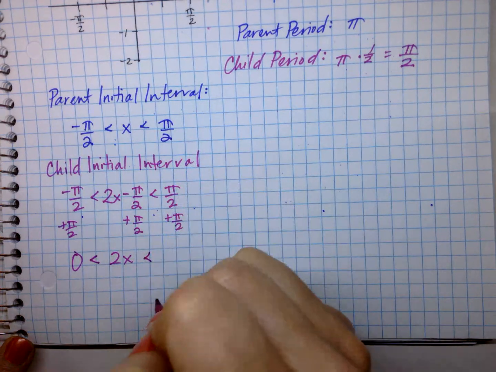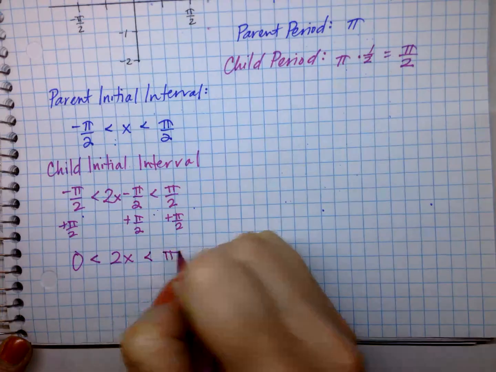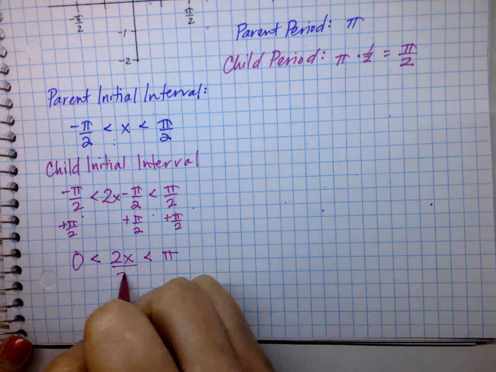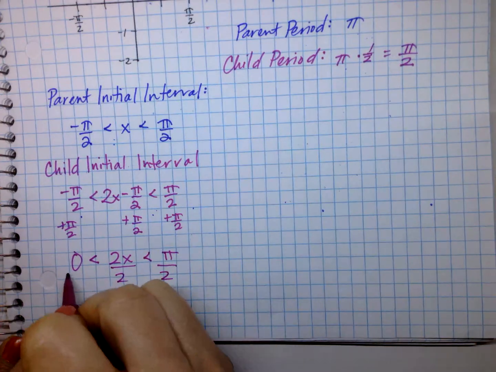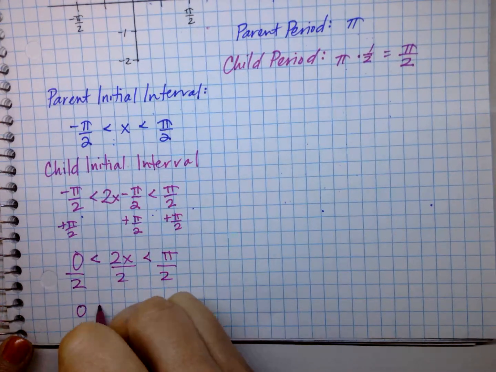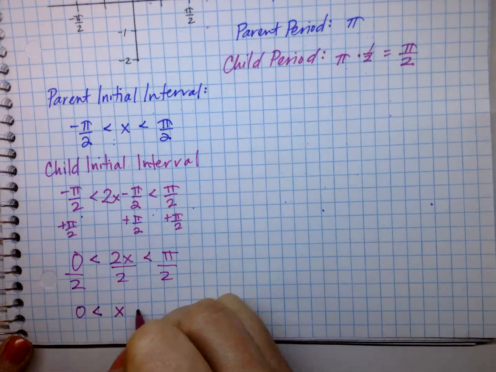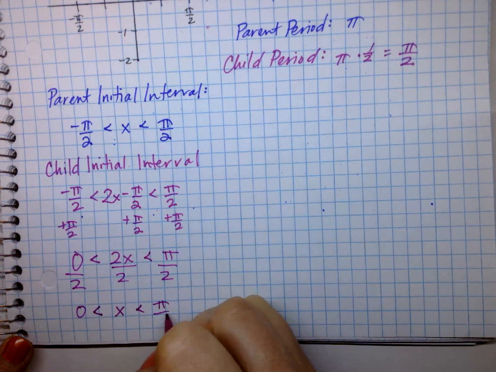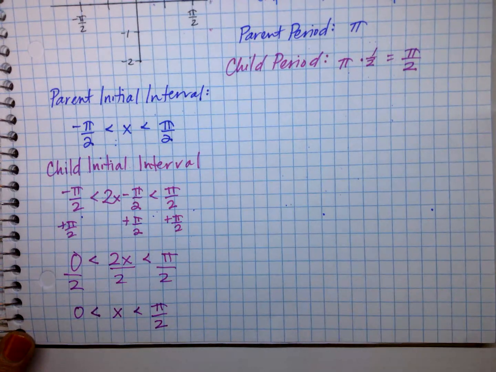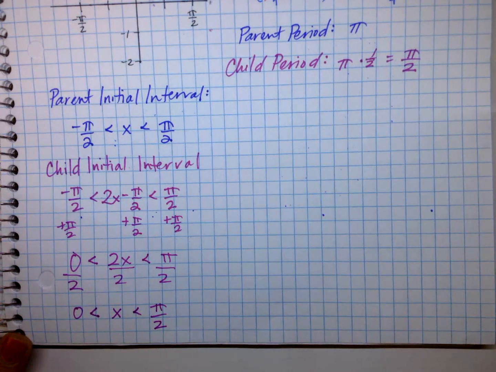That's a half a pi plus a half a pi, which gives me a whole pi. And now to finish, divide both sides by 2, and I'll be left with 0 is less than x is less than pi over 2. There's my new interval for the transformed function.